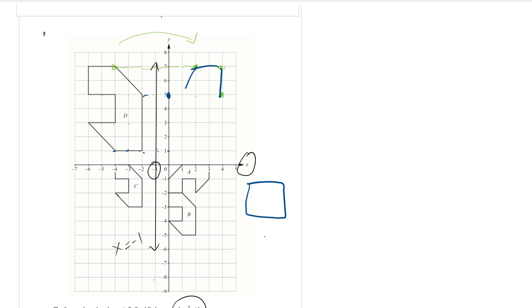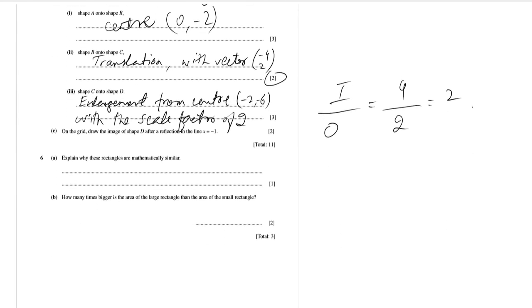One box, it has to be here. No, it's correct. 1, 2, and 1, 2, 3, 4, 5. I think this is it. So this would be the reflection of shape D. Next question.